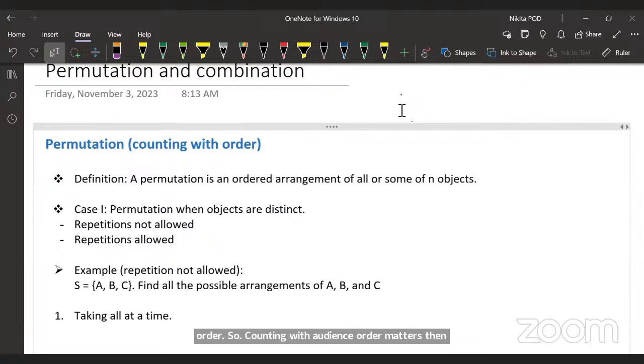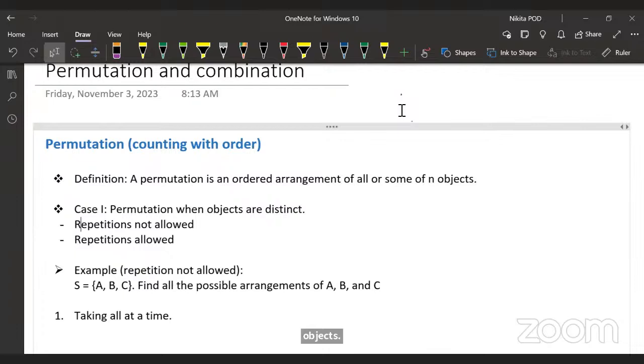Okay. So the first thing you have is permutation, which is nothing but arrangement. Whenever you are interested in arranging something, you talk about permutation. Permutation is an ordered arrangement of all or some of n objects.